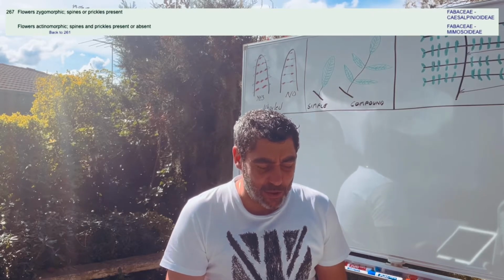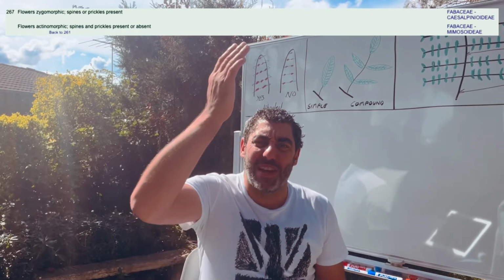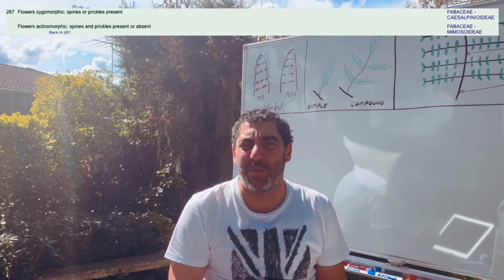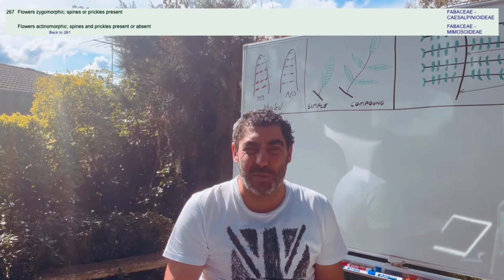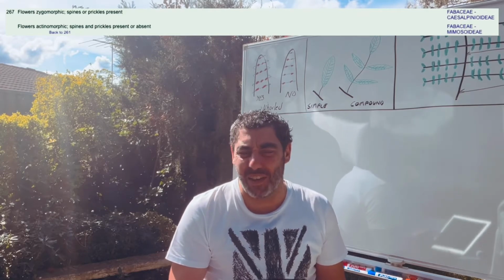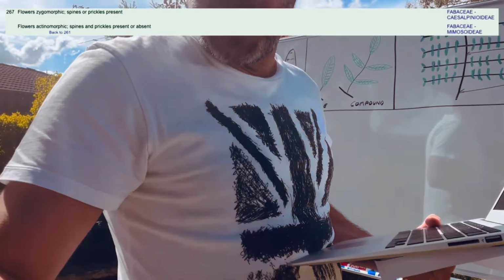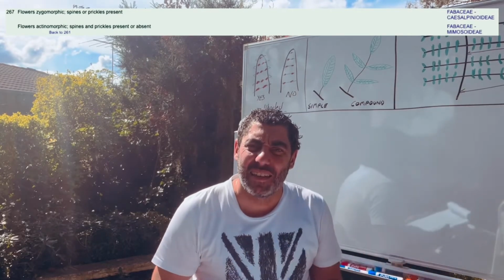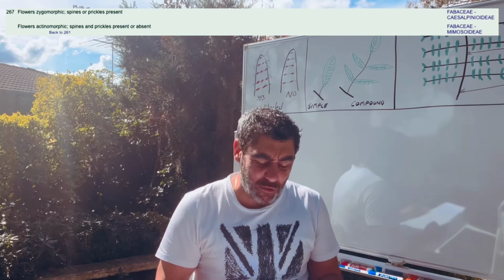Zygomorphic means that if you were to slice across the center plane of the flower, you would be unable to get equal parts. Actinomorphic is when you can. With these little lovelies here, when we slice one of them straight down the center, we do indeed get another identical portion. So, actinomorphic, they're radially symmetrical.